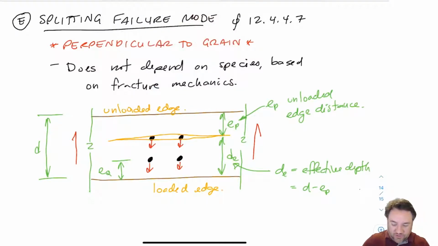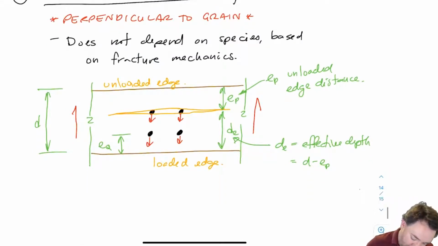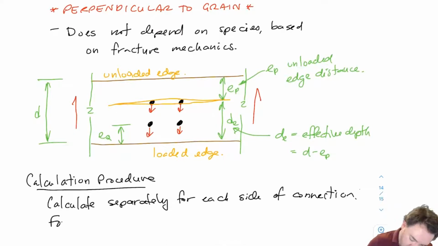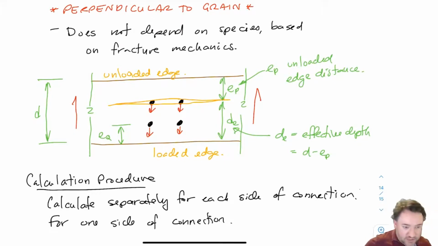Okay, so given those definitions, now we can calculate what the strength is. Just like when we talked about row shear and group tear out and net area, we only calculate for one side of the connection.